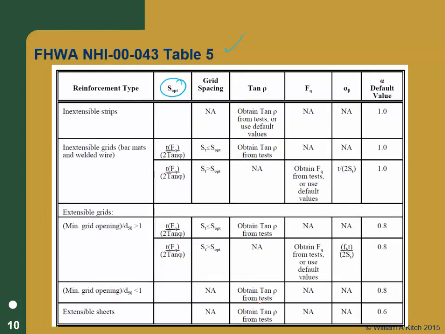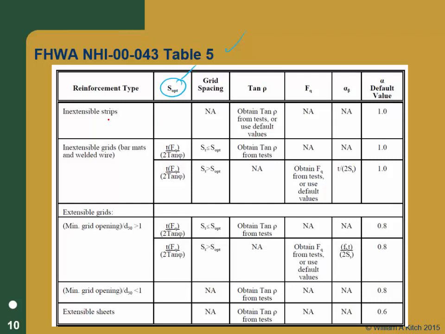So S optimum is the minimum spacing at which you can have the transverse elements and still get full bearing off of each of them. If your spacing is less than that, you've essentially got inefficiencies in your grid, because you're not generating the full bearing capacity on each one of them, because they're shadowing each other. So that's what S optimum is.